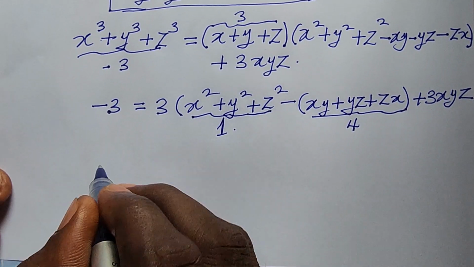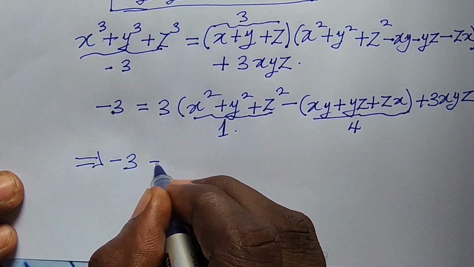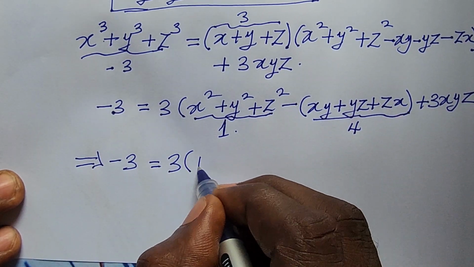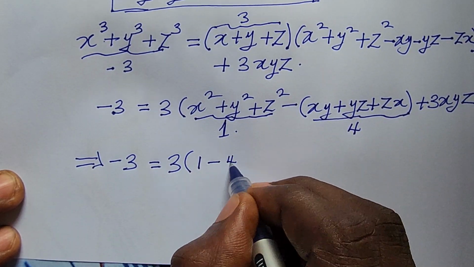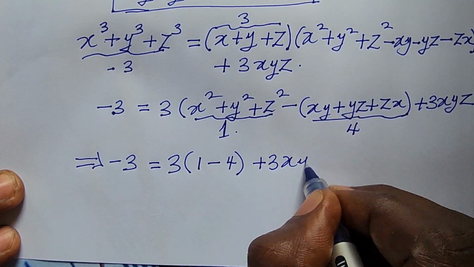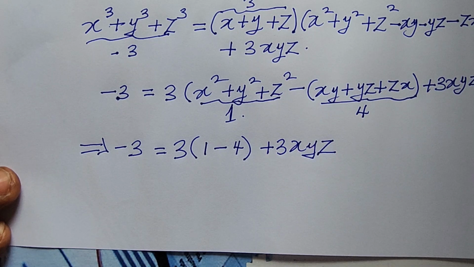So if we substitute again, this now implies that our minus 3 is equal to 3, the bracket 1 minus 4, close bracket, plus 3xyz. Okay, we are heading somewhere.